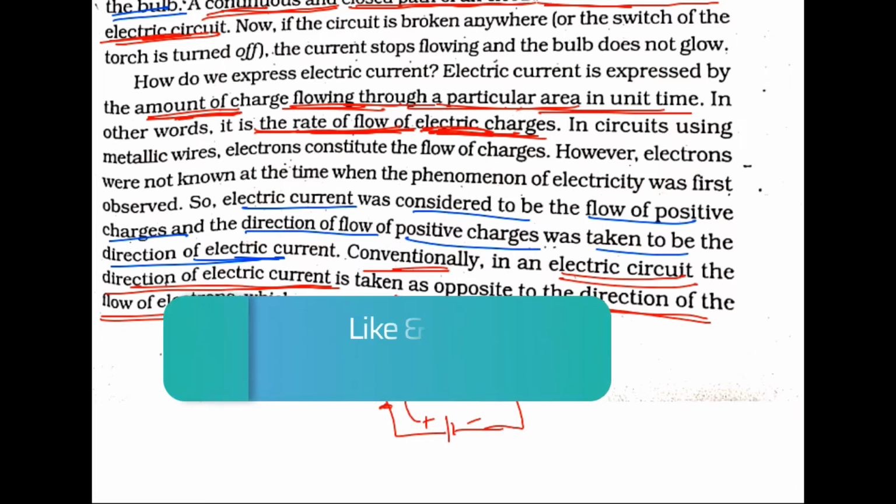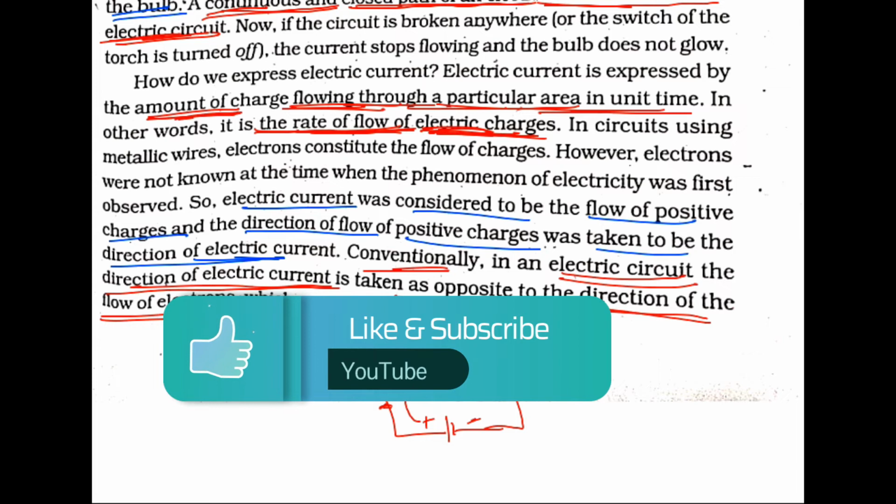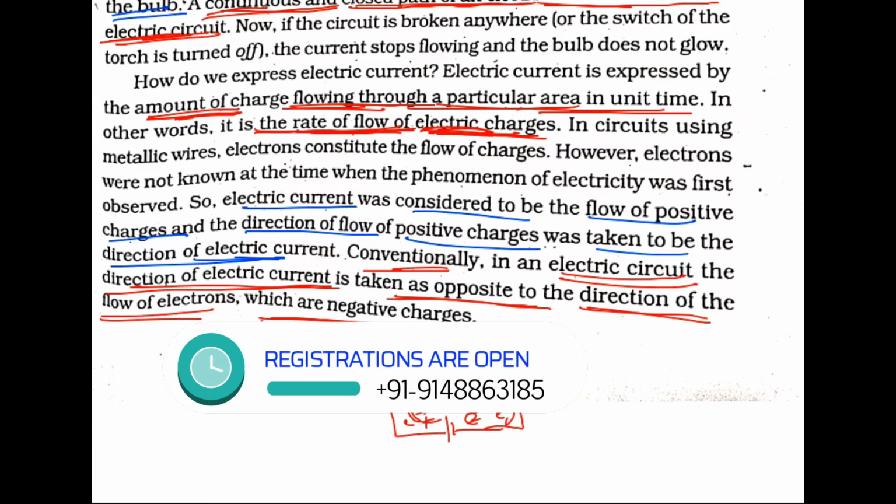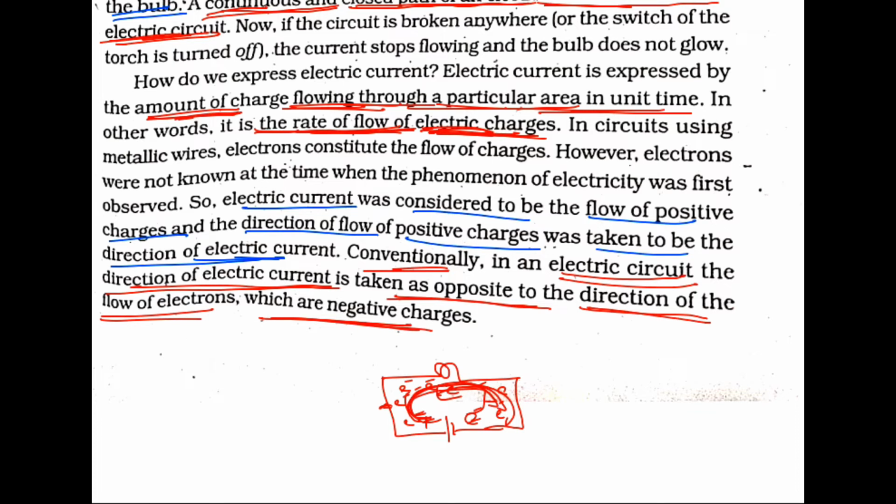So conventionally, the direction of electric current is taken as opposite to the direction of flow of electrons. Electrons flow in this anti-clockwise direction, so the electric current flows in the opposite direction.